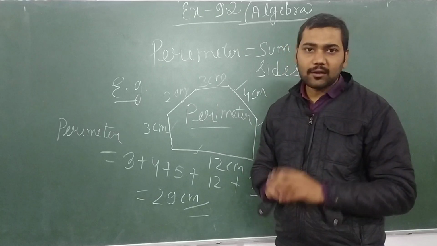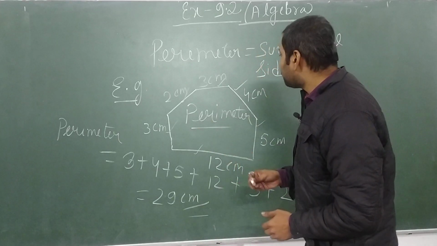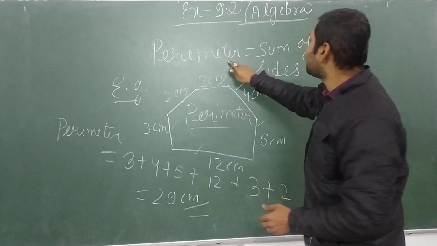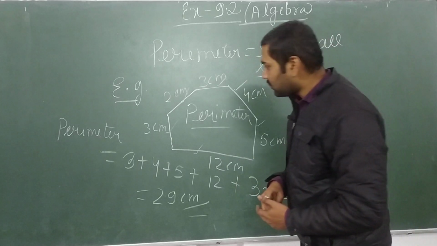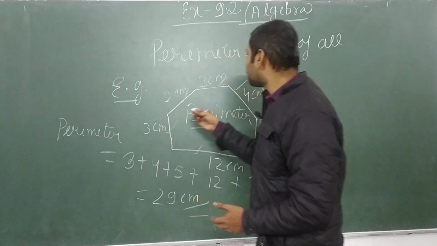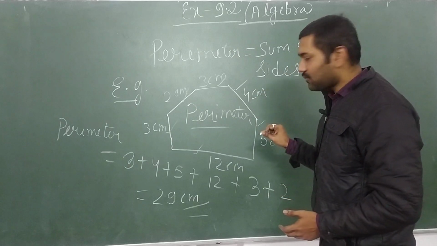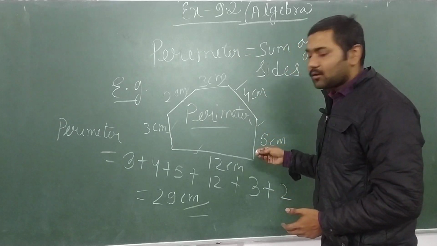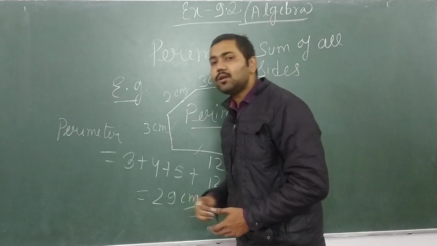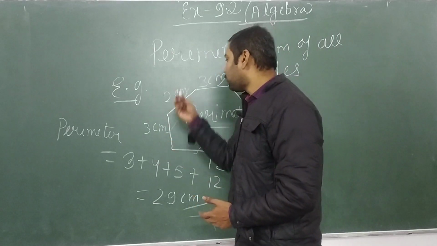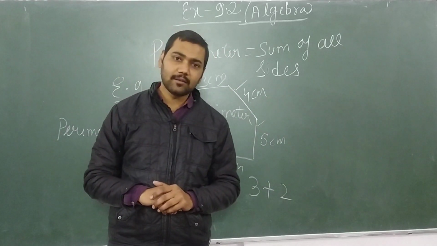So perimeter means sum of all sides: 3 plus 4, 7, 7 plus 5, 12, 12 plus 12, 24, 24 plus 3, 27, 27 plus 2, 29 centimeter. This is the correct answer.